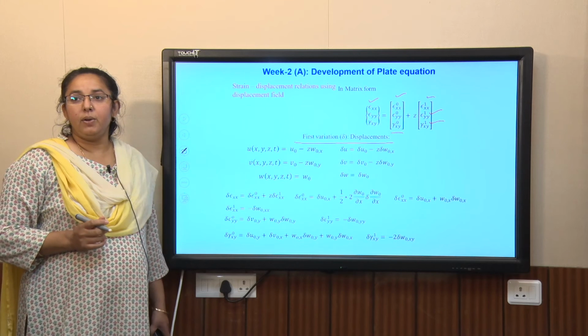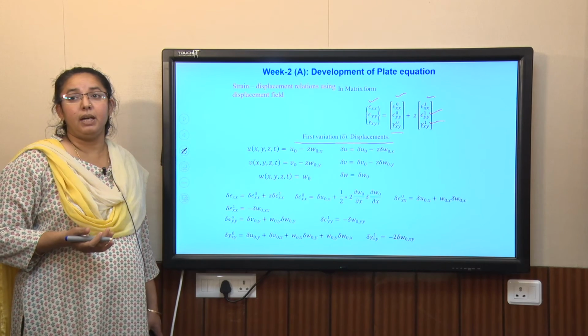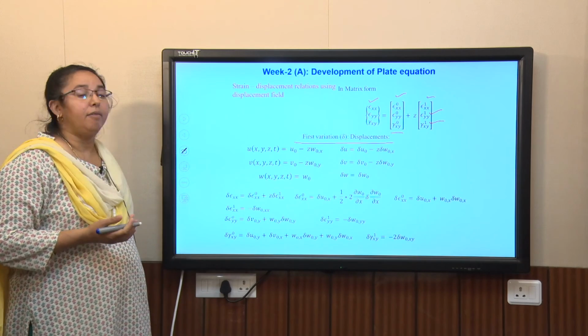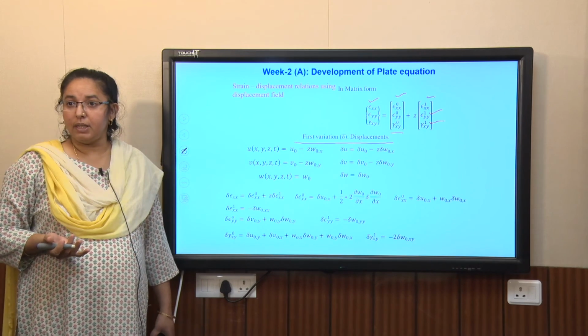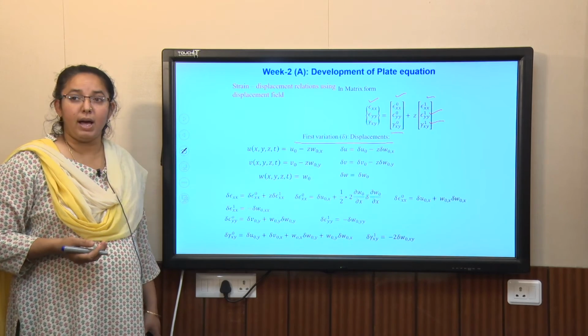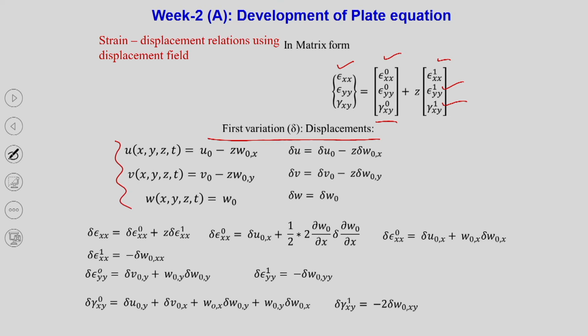Since we are going to use Hamilton's principle, we may need the variation, or I would like to say the first variation in the displacement or the first variation in the strains; those terms we require at some stage. So, if this is my displacement field, what will be the del u?